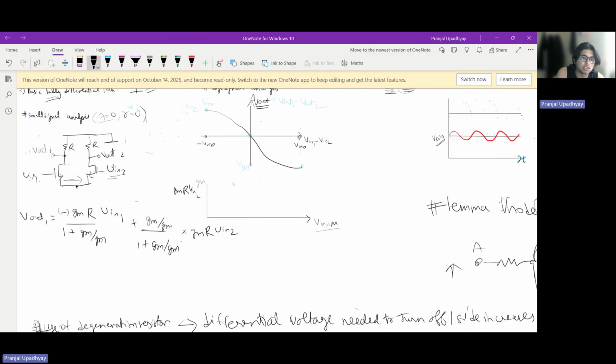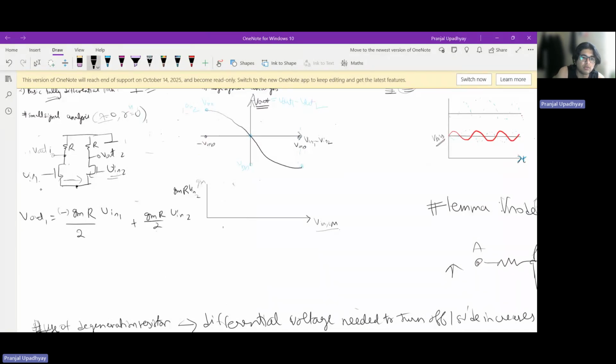So gm by gm, it is basically gmR by 2, right? So it is gmR by 2 times Vin1. And this guy becomes again gmR by 2. So this is a great scenario for us, that things simplify quite easily, and this guy becomes gmR by 2 times Vin2.